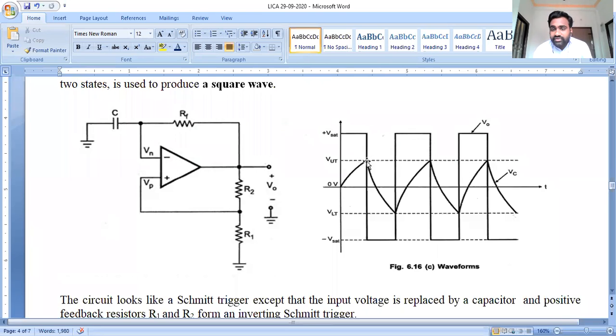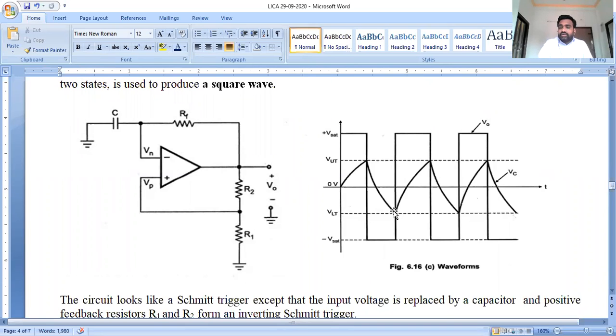After the output drops from plus Vsat to minus Vsat, the capacitor starts discharging from the upper threshold value toward the lower threshold value.